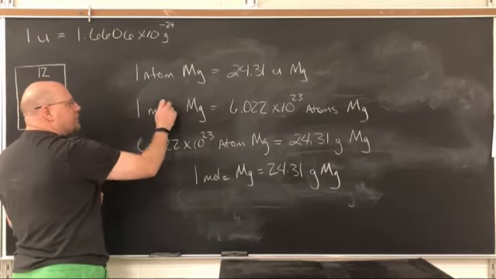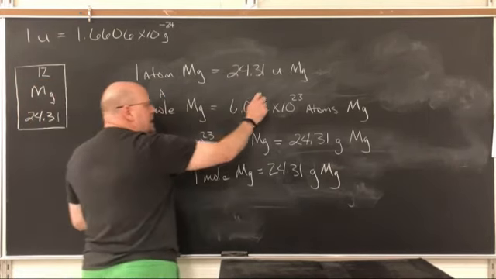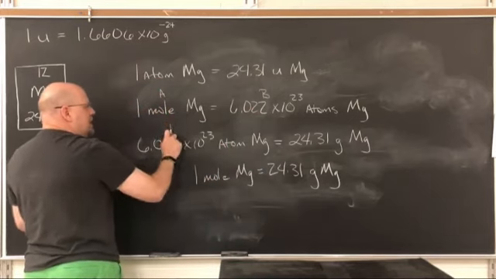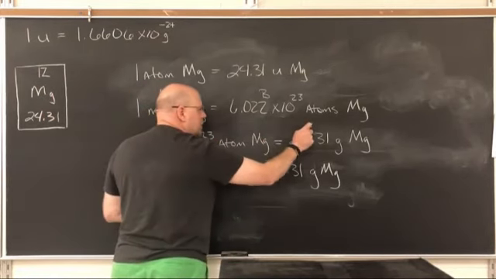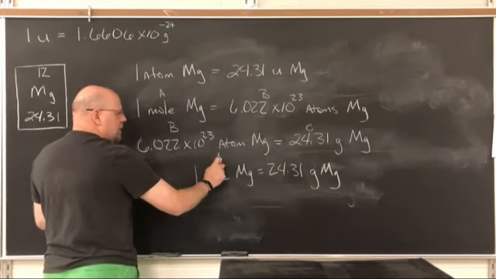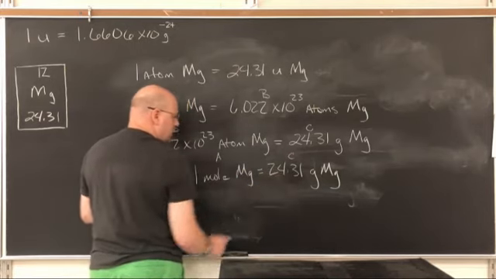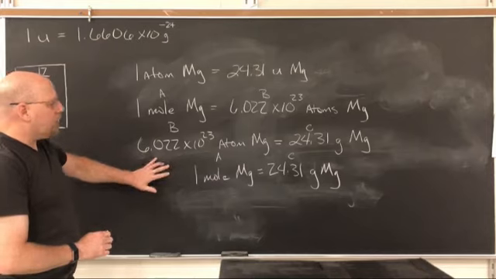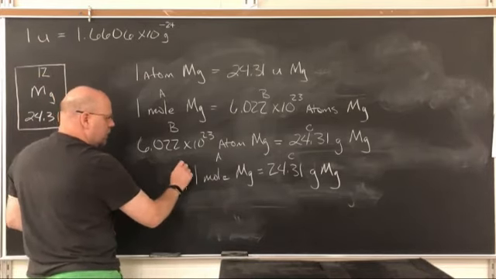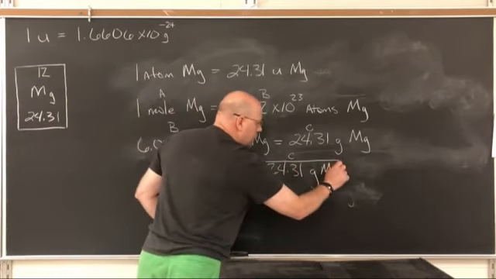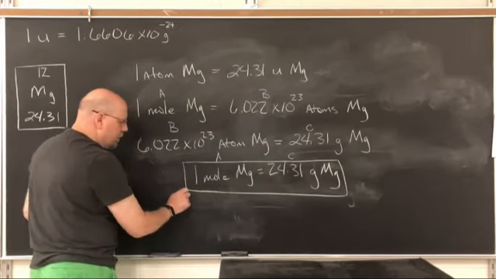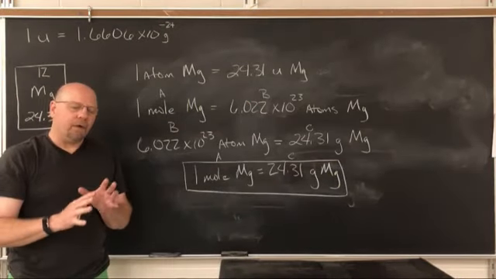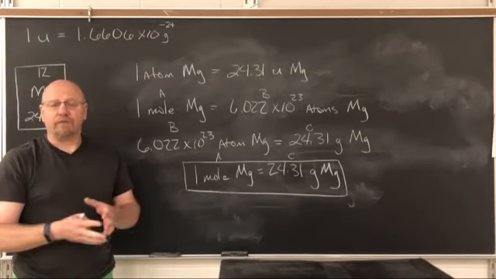Basically, what we're looking at is if A is equal to B and B is equal to C, then A is equal to C. And of all of these conversions that I have written on the board, this conversion right here is the most important one that we are going to use in several different ways.